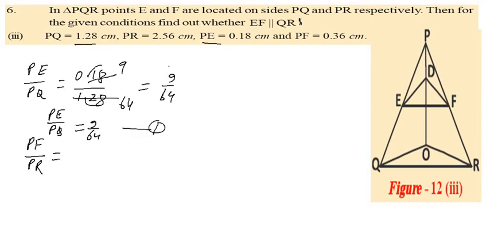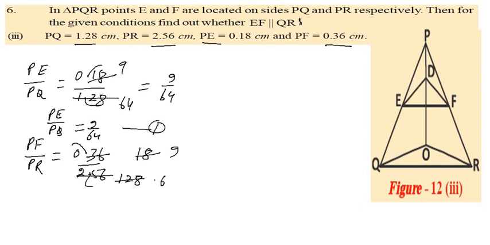Now PF upon PR. PF is given as 0.36, and PR is given as 2.56, so you have to write 2.56. Now remove the decimal and divide by 2. So 2 1s are 2, 2 2s are 4 and 2 8s are 16, and so on. So PF upon PR will be equal to 9 upon 64.